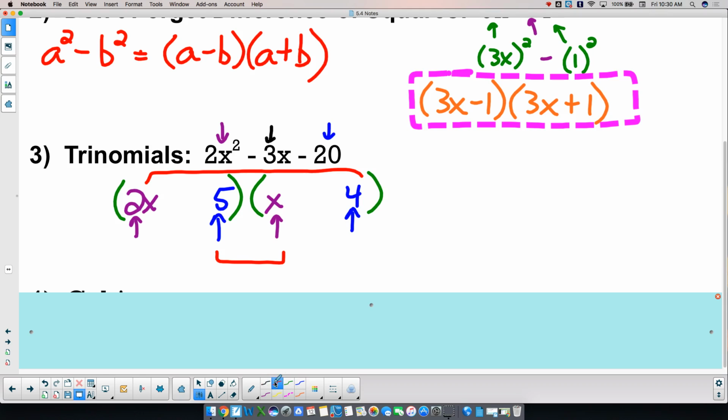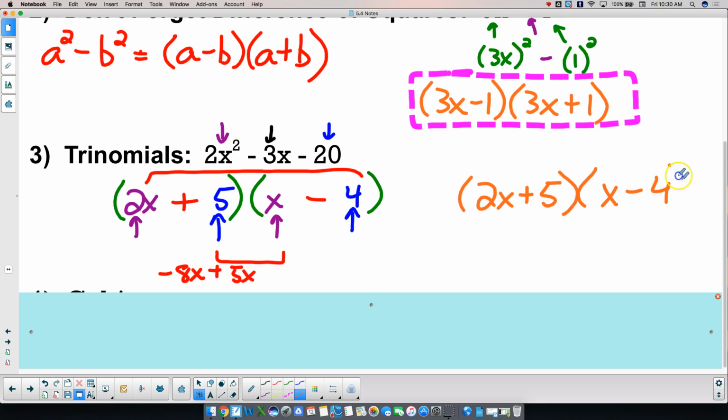So now I get 5x on this one, and I get 8x on the other one. And I need it to be negative 3. So I need this one to be negative and that one to be positive. So this factors to be 2x plus 5 and x minus 4.